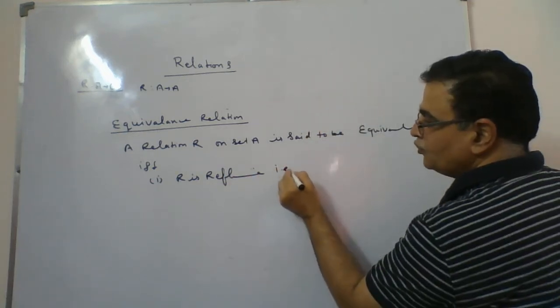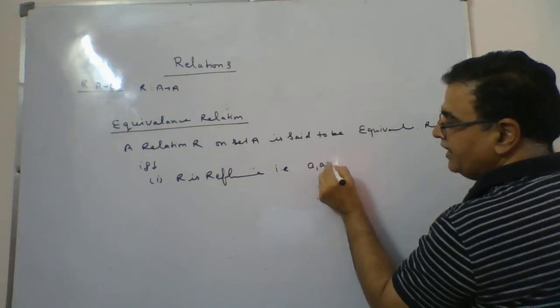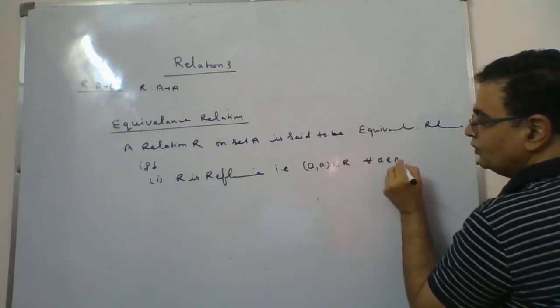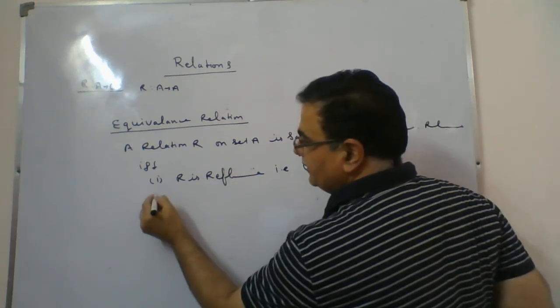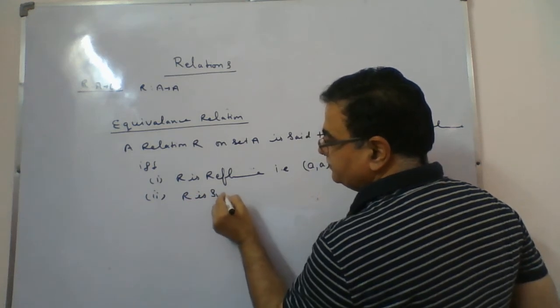That is what I have to show. R is reflexive, which means (A, A) belongs to R for all A belonging to A. The second condition is that R is symmetric.